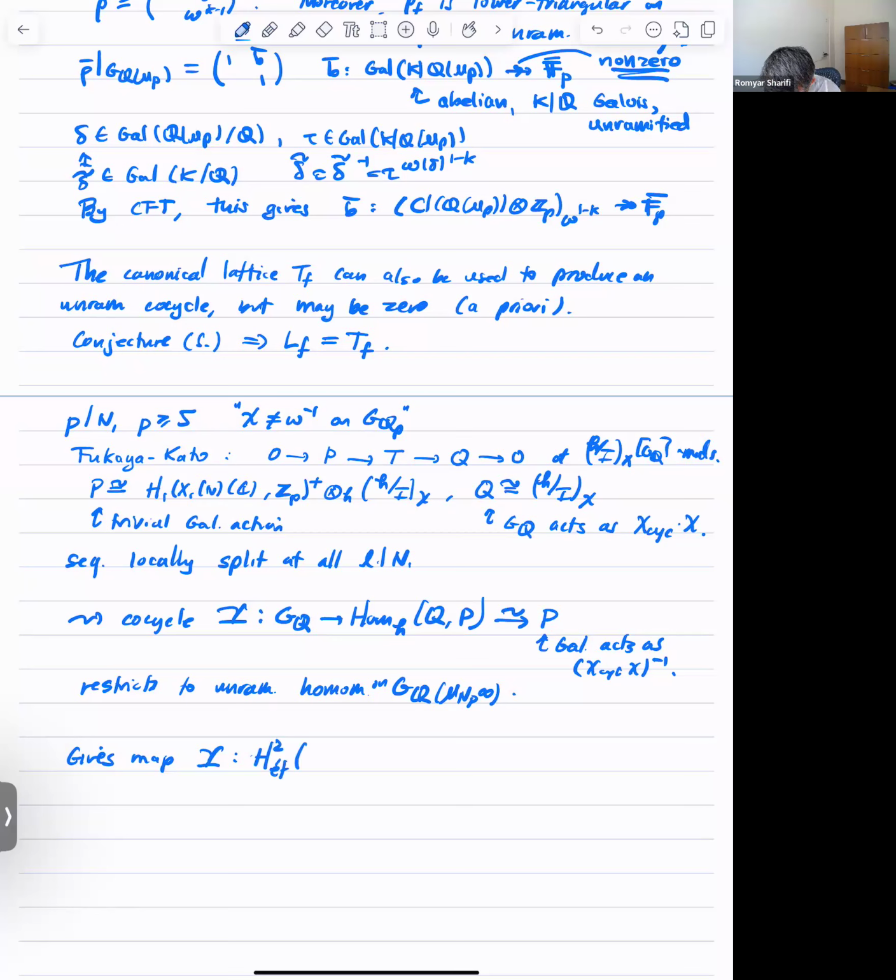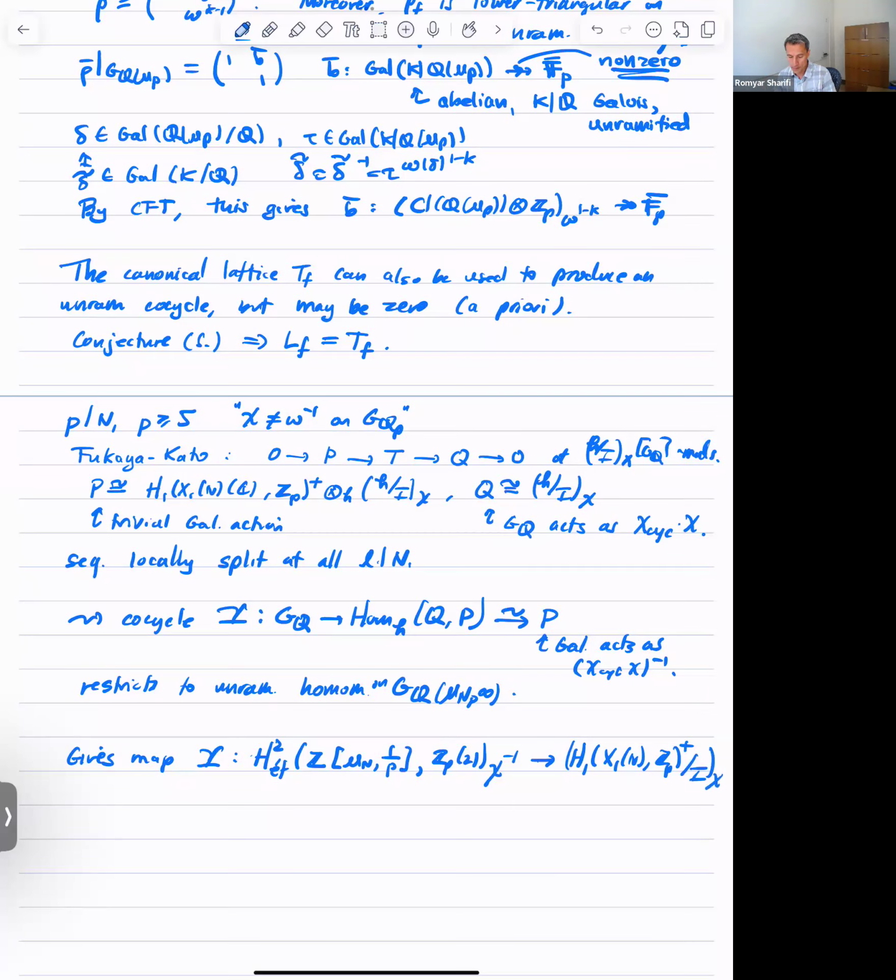If you don't like Tate cohomology, this is the Galois cohomology of the Galois group of the maximal unramified outside p extension of Q(mu_N) with Z_p coefficients, in the chi part in which Galois acts by chi inverse, and then it goes to this H^1, this P. I'll omit the C for lack of space here. I'll just write it like this.